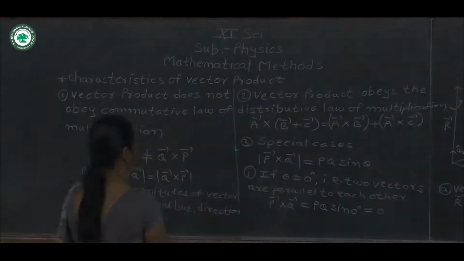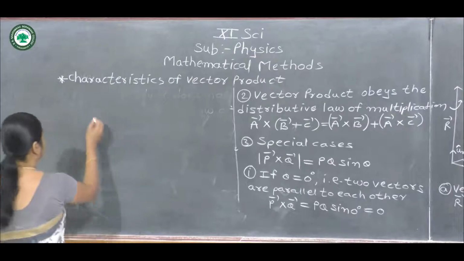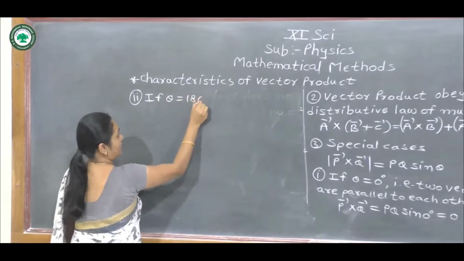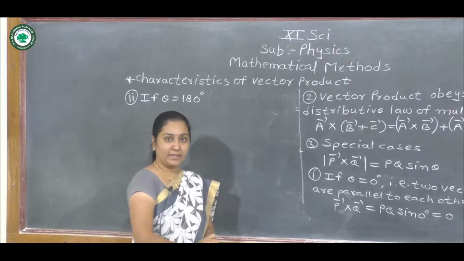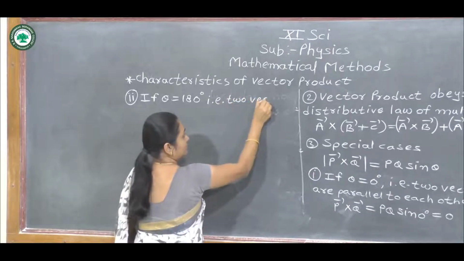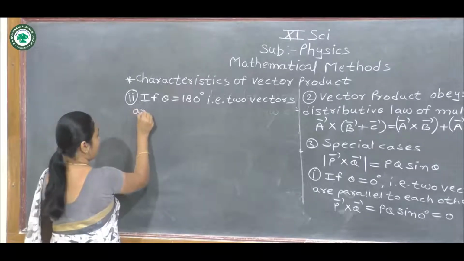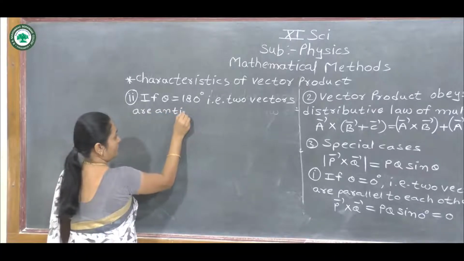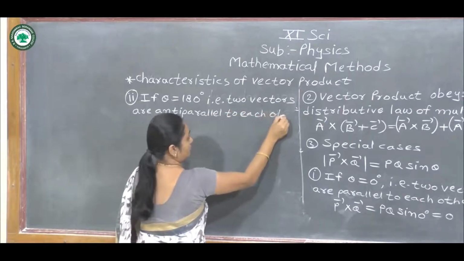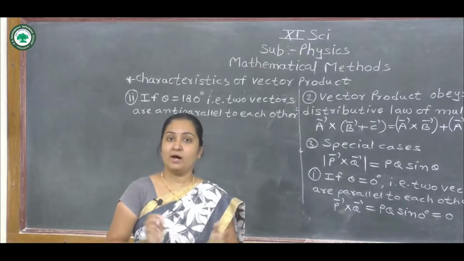So in the second special case, theta is equal to 180 degree, that is, two vectors are anti-parallel to each other, that is, they are moving in the opposite direction.